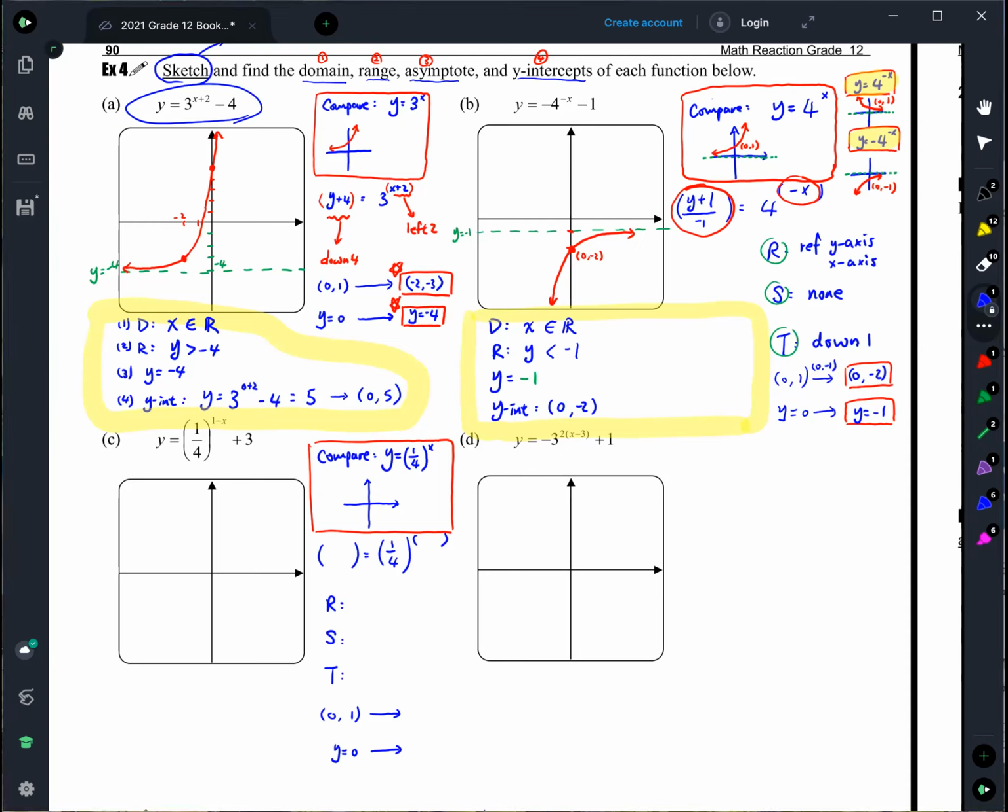Okay, Marcus, is this graph increasing or decreasing? Decreasing. Yep, very good. So the one you're comparing with, the one you're starting with, it should be decreasing. Maybe at the end it will be something else, but you have to start with the correct one.